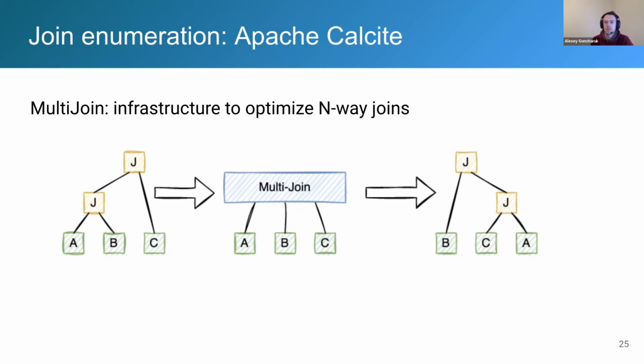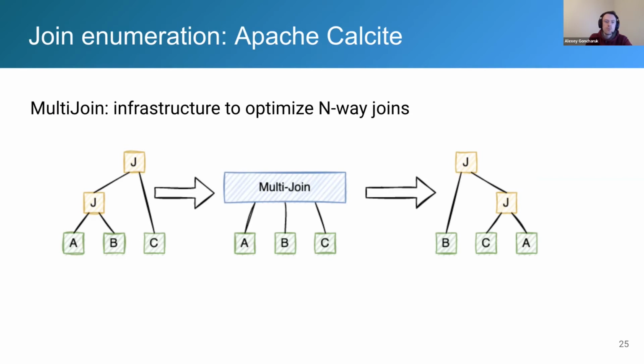The first step attempts to combine all adjacent joins into one relation called a multi-join. Essentially we combine all neighbors into one node, and this node contains the information about the relations and the conditions. So in this multi-join, we have the topology graph.